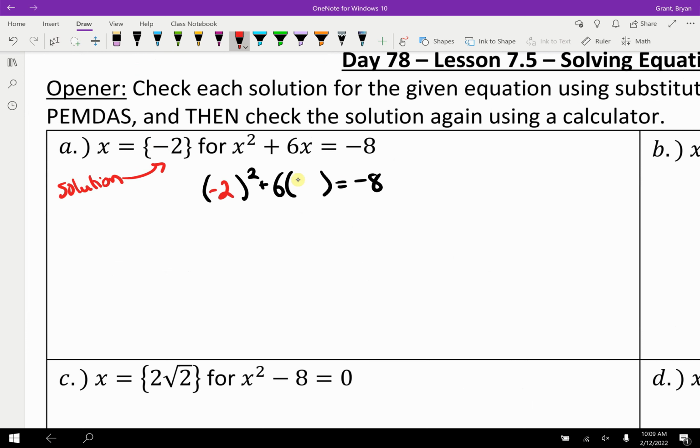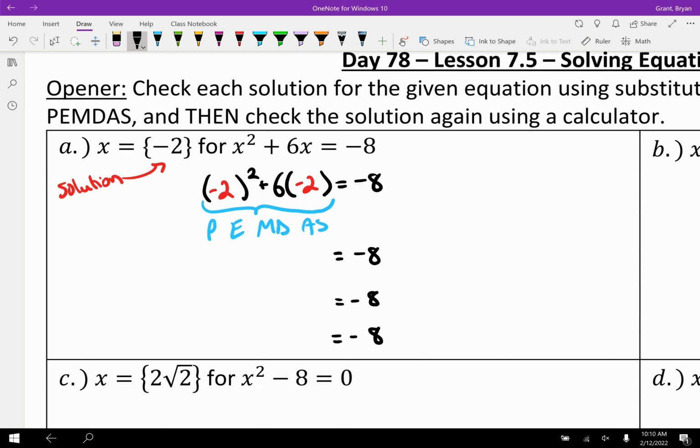So we have an x that's being squared, an x that's being multiplied by 6. We're going to use PEMDAS to evaluate, or figure out, the value of the left side of the equal sign. The right side of the equal sign stays exactly the same.